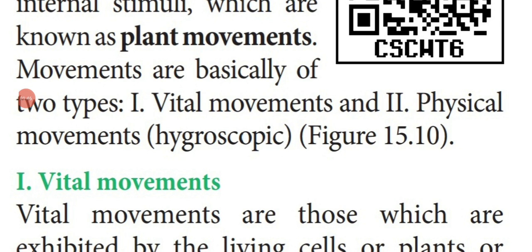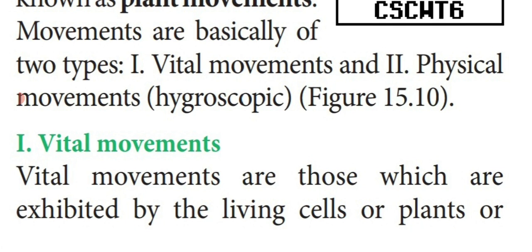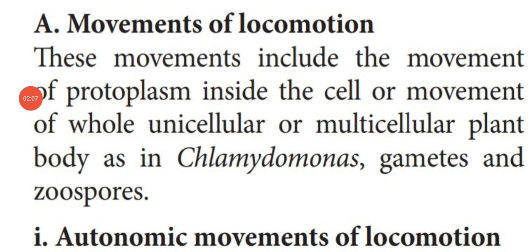Plant movements are divided into two types, vital movement and physical movements. First, we are going to see vital movement. So these movements are exhibited by the living cell or plant. Dear students, the vital movements are divided into different types.